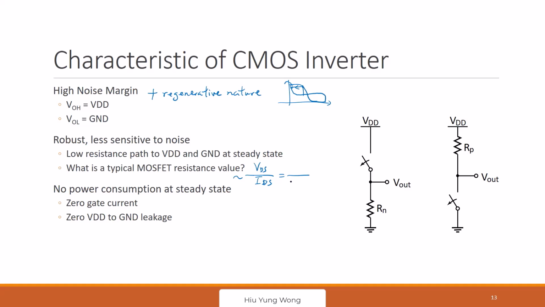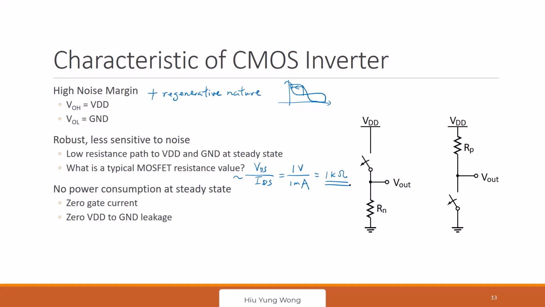It is about, let's say, 1 milliampere. And VDS, you can use VDsat, but the order is similar, 1 volt, right? Usually your VDD is 1 volt, and the current is in the order of 1 milliamp, maybe lower. So this is about 1 kilo ohm.